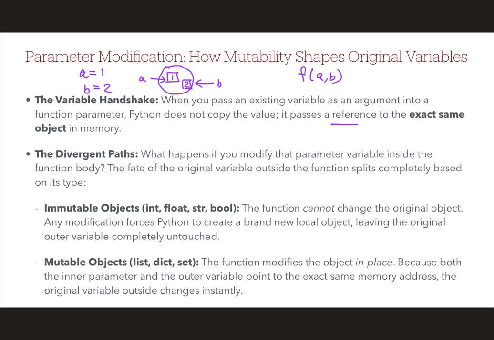I said if this modification is allowed, and modification is allowed when the variable you are dealing with is a mutable type. If the variable is an immutable type, then modification is not possible. So in that case, the behavior is different.